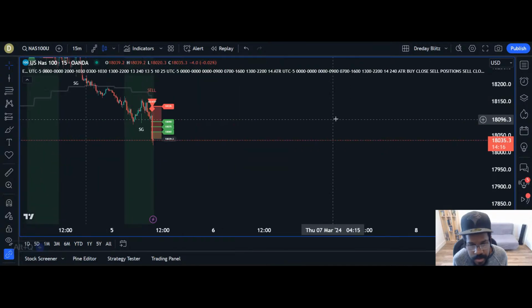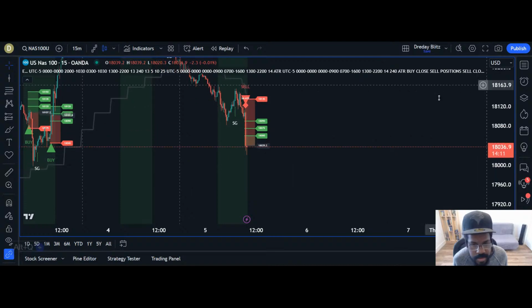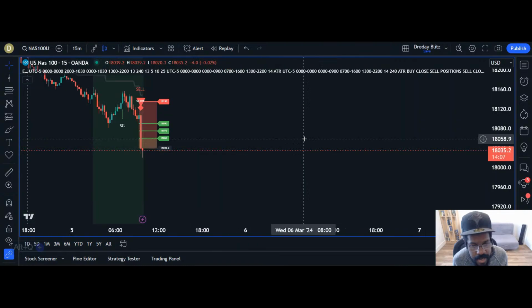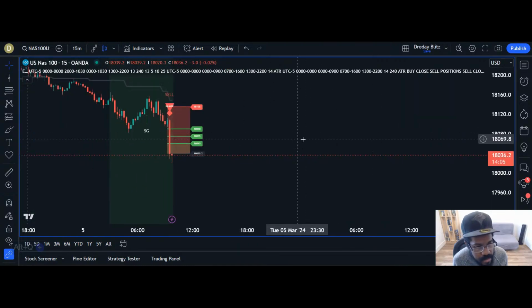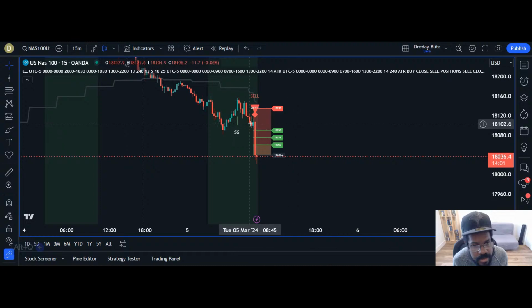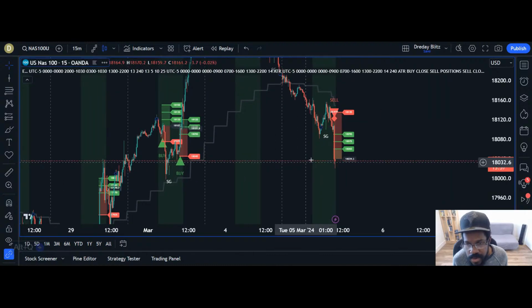I was waiting for it to switch red, and now it's switching red right now. So that's perfect. The 4 hour is switching red as of now. Perfect. And we have a sell at the same time, so even better.